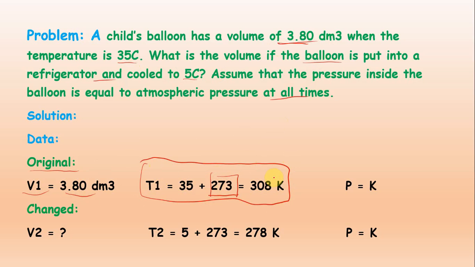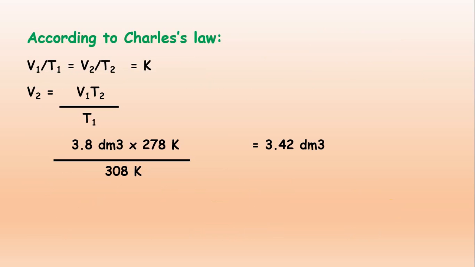So this is 308, and pressure is constant. And look here, V2 is what is being asked. T2 is 5 degrees Celsius, and you have to convert it into Kelvin by adding 273, so that will be 278, and pressure is also constant.